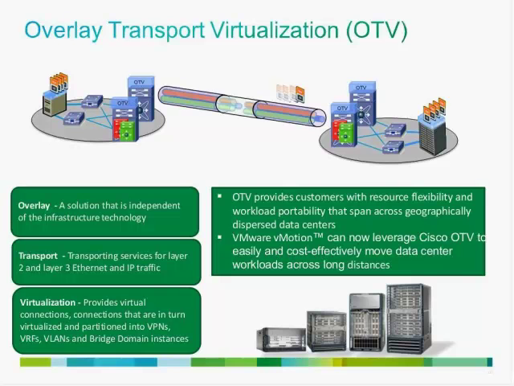The other advantages we gather from this Layer 2 extension are that VMware vMotion can utilize it, and the ESXi servers on both sides see the NAS-based storage as if it's attached on the same Layer 2 domain. So essentially, OTV gives us the flexibility where we can not only migrate the workloads, but also the components within the infrastructure see each other as if they are sitting on the same LAN segment.